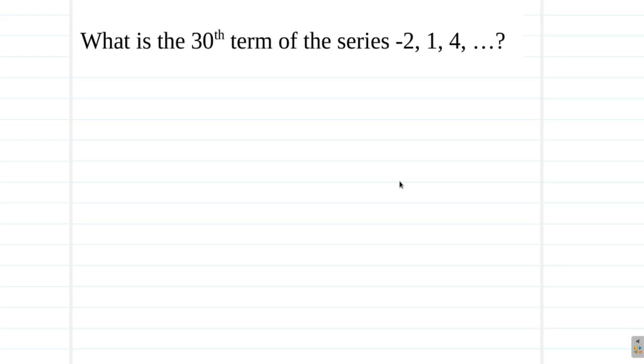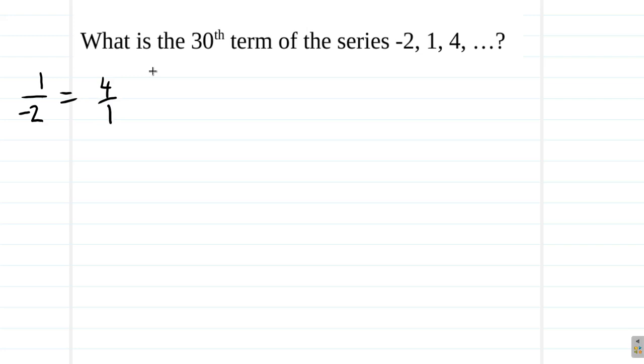Now, what type of series is it? Is it geometric or arithmetic? Let us test and see. Suppose it's geometric. If it is a geometric series, then the second term divided by the first term should be equal to the third term divided by the second term.